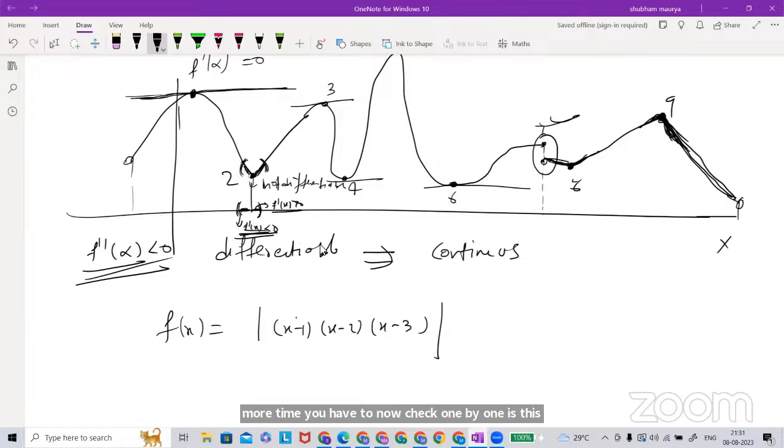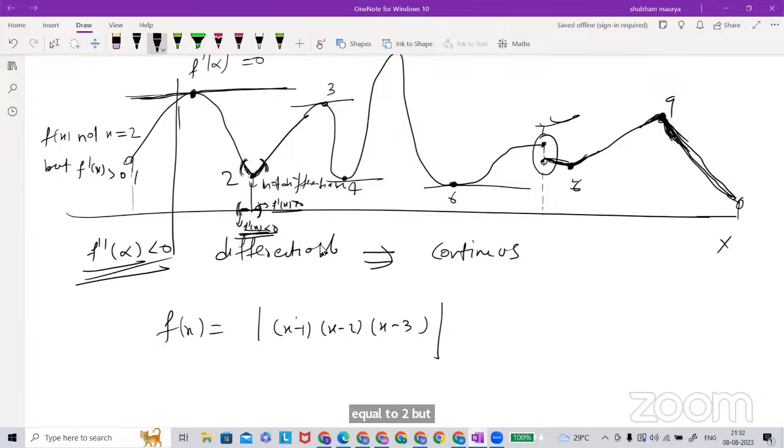If the question is asked quickly for a small time, it will be asked like this: the function is not differentiable at x equal to 2, but f prime x is greater than 0 in the open interval 0 to 2, and f prime x is less than 0 in the interval 2 to 4.